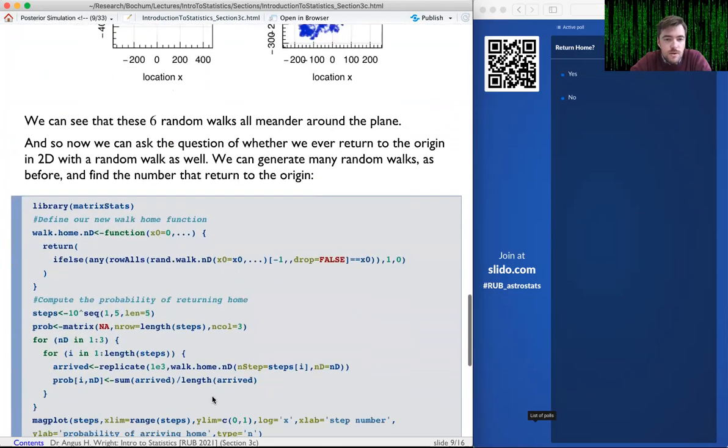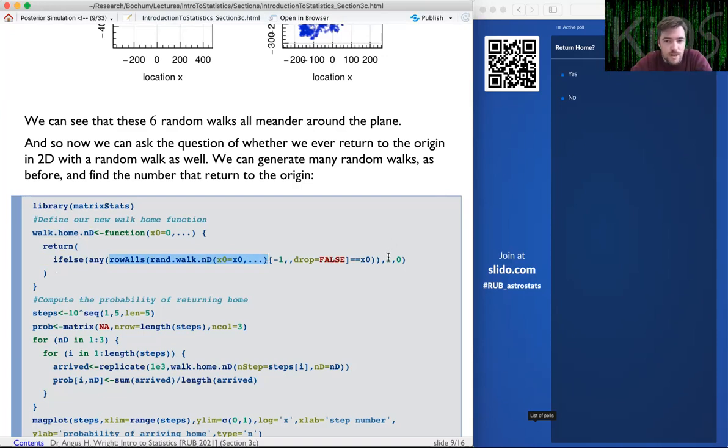So we can actually construct our walk home function now in ND, just like we had previously in 1D. Instead of asking whether we return to X0, it's now: are all coordinates equal to 0? Because that means we're at the origin. We're not at the origin if only X is 0 and the others are not.